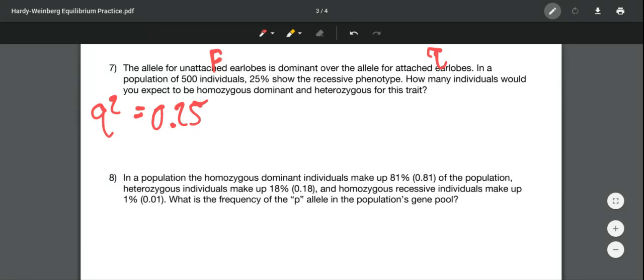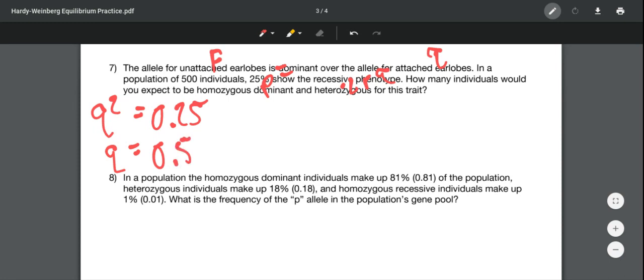Okay, so let's start with what we know. If we know Q squared is 0.25, I want to get to P and Q to be able to find the homozygous dominant being P squared and heterozygous being 2PQ. So I would just have to take the square root of 0.25, which is Q equals 0.5.